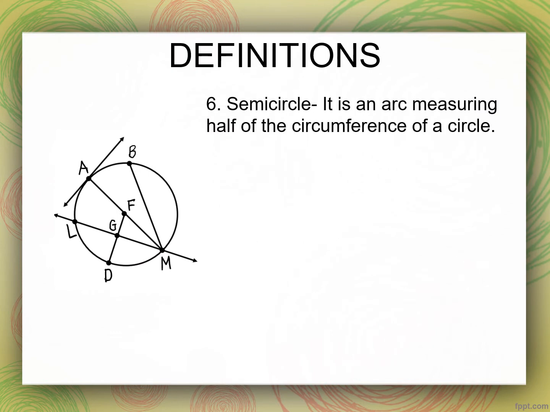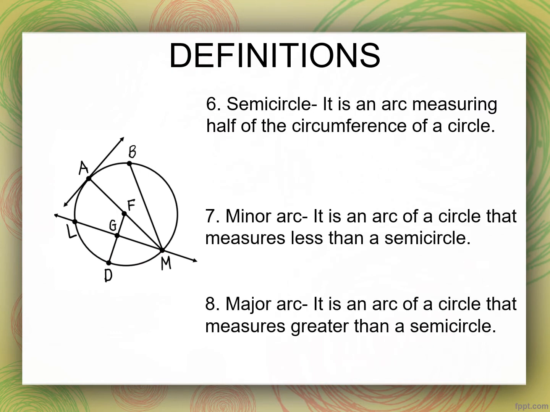So the next three terms are the three different kinds of arcs. So let's start with a semicircle. It is an arc measuring half of the circumference of a circle. To identify a semicircle, note that the diameter of a circle divides the circle into two semicircles.